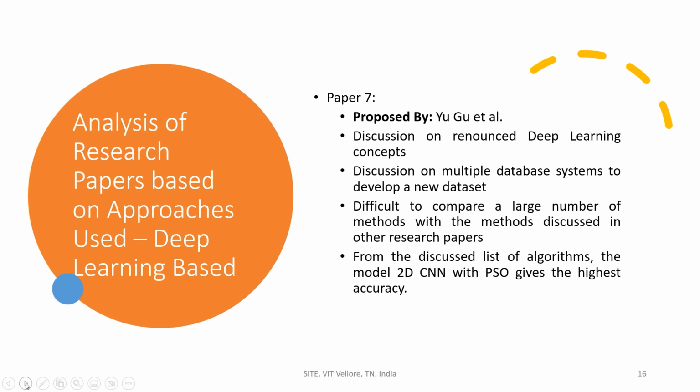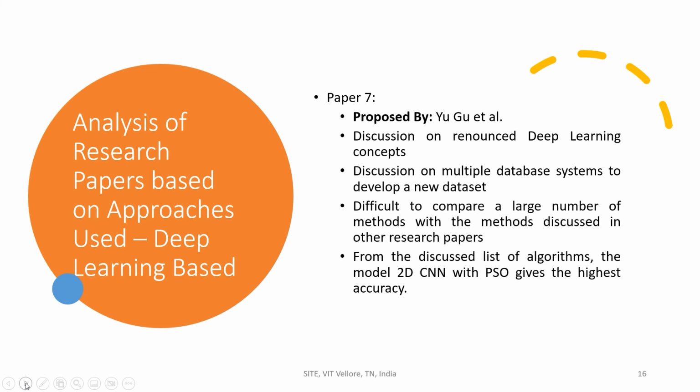So this paper really discussed several database systems which could be brought into consideration, and we could club several datasets together and define certain criteria which can help us make a bigger dataset from the existing dataset, because it is difficult to compare a large number of methods with the discussed ones in the previous research papers.